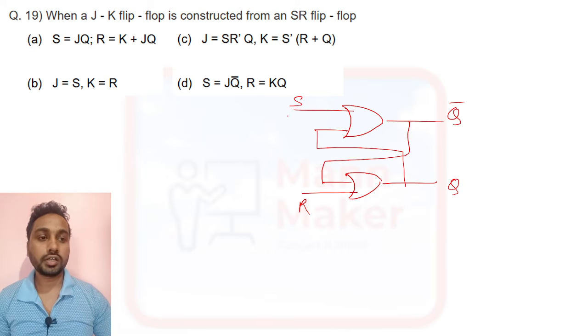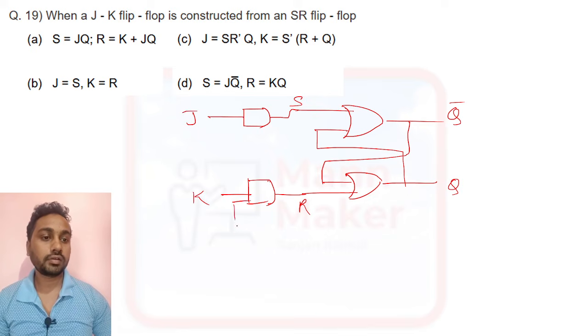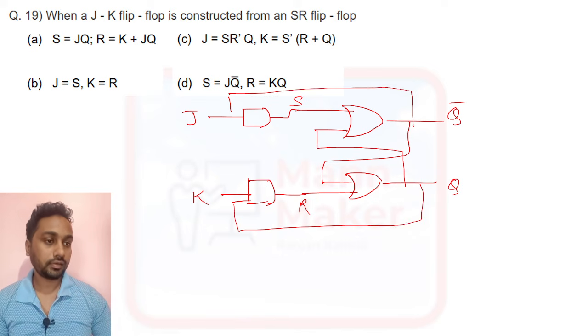Now for JK, we need to construct the JK flip-flop here. So for JK, we will put an AND gate like this, and here also another AND gate. This is your J and this is your K, and we need one clock pulse.